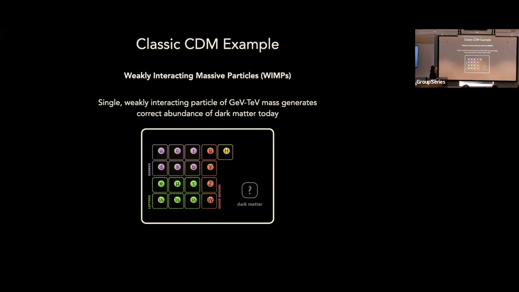Typically, the model that everybody thinks about when they think CDM is WIMPs, which stands for weakly interacting massive particles. In this context, we have the standard model of particle physics, which is indicated here. Those are all the particles that we know of. And then we add to it one additional dark matter particle.